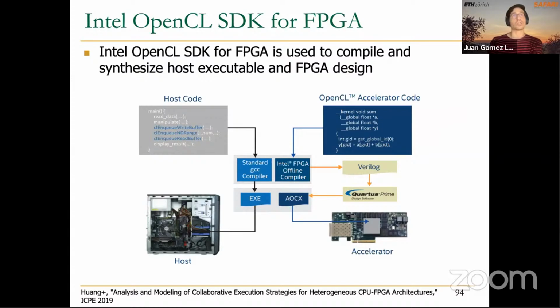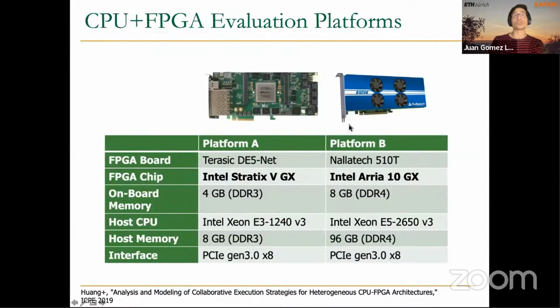To program the Intel FPGAs, we had to use OpenCL, the OpenCL SDK for FPGAs, and we used two different evaluation platforms, both with an Intel Xeon host CPU, and two different FPGAs, both from Intel or from Intel Altera.